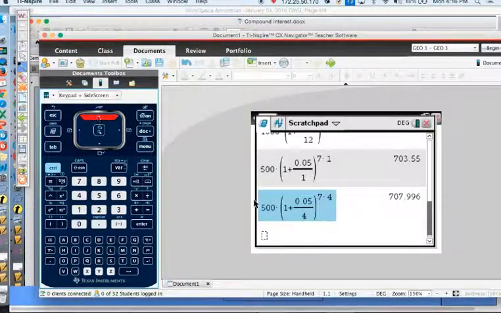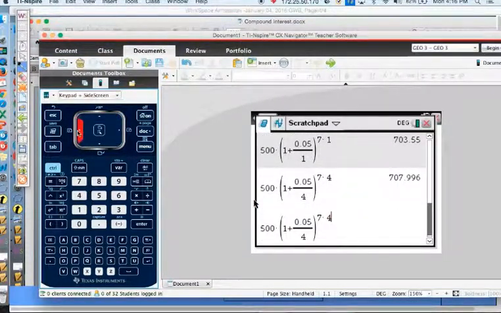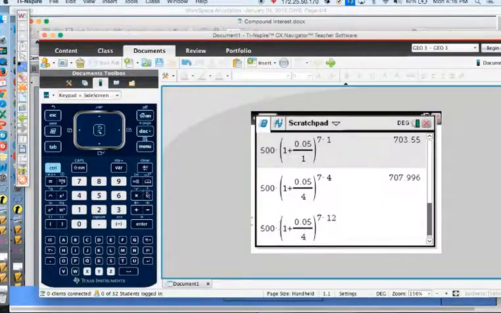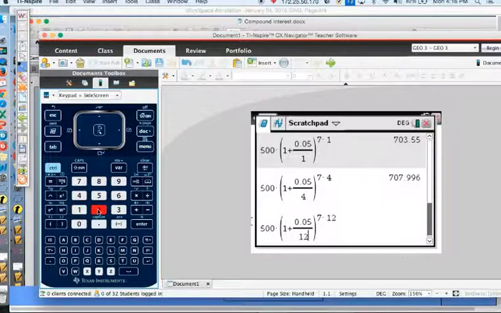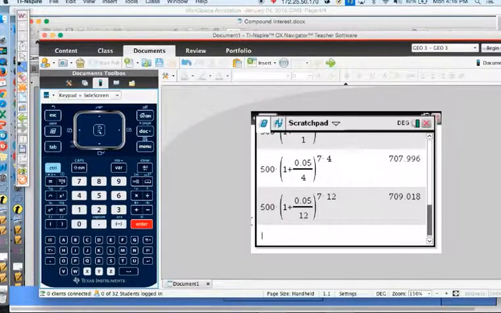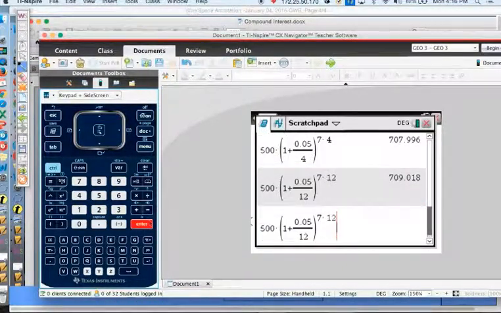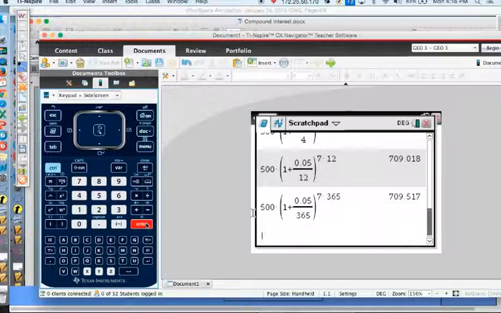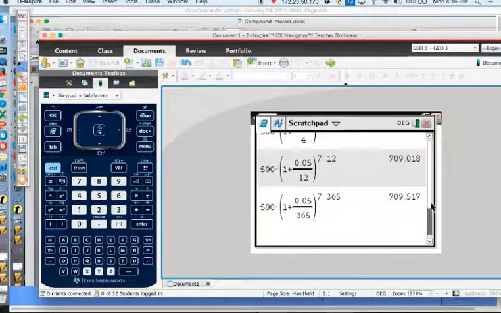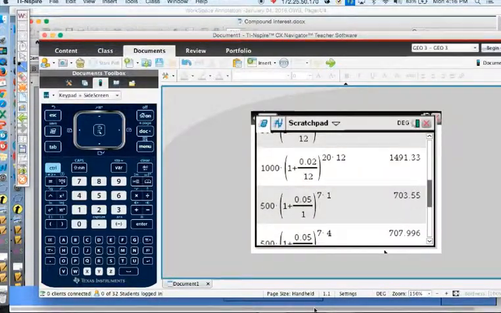Quarterly. We had monthly, so we switch these to a 12. And then we had daily, so 365, 365. So as you guys can see, you get more money if it's checked more frequently.